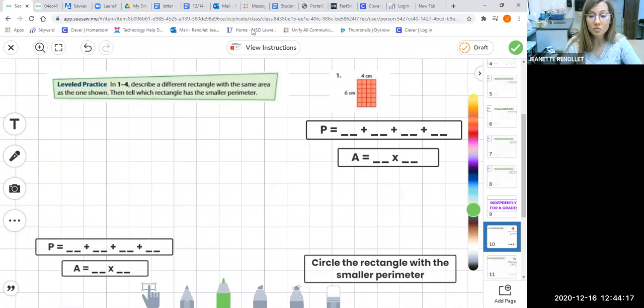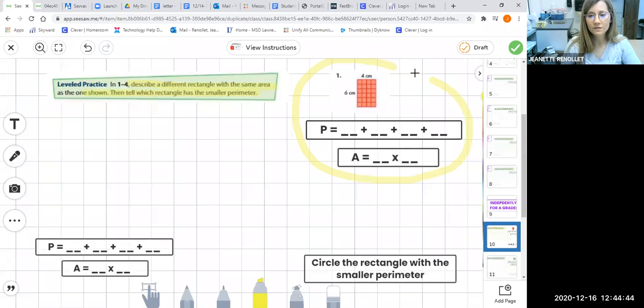Today, for your independent work, you will begin on slide 10. Starting on slide 10, you are given directions just like we've been doing together. It says describe a different rectangle with the same area. So here is the first part you need to do.